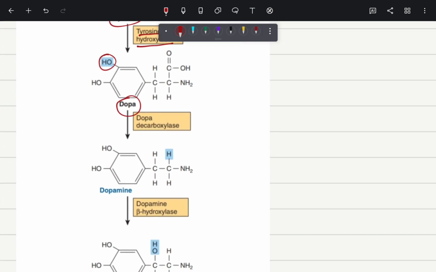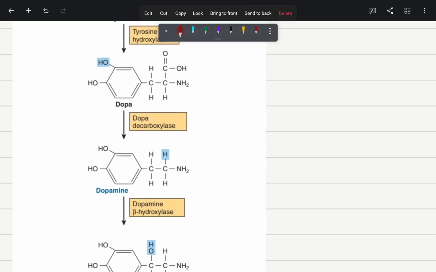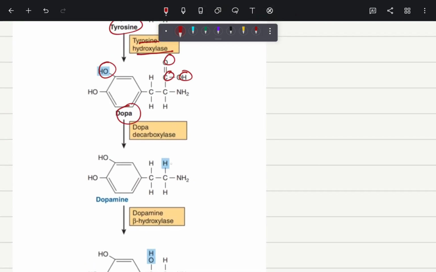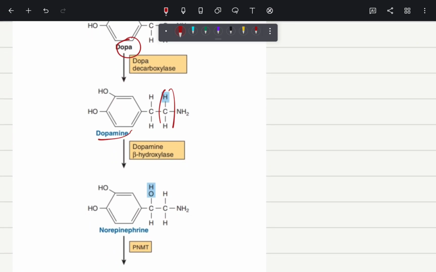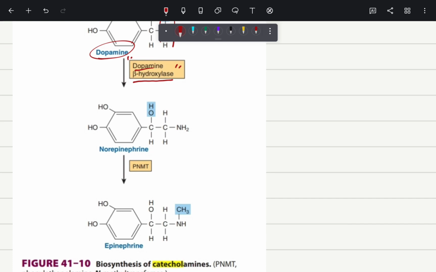So as you can see here, this COOH will get converted into CH. And finally the dopamine will undergo hydroxylation of the beta carbon, hence the enzyme name is dopamine beta hydroxylase. And eventually the norepinephrine will get converted into epinephrine by phenylethanolamine methyltransferase, which will add a methyl group to the amine.